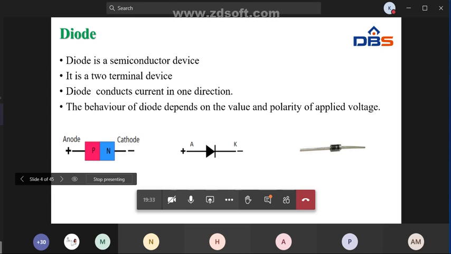So the PN junction diode is a semiconductor device. It has two terminals, anode and cathode. It conducts current in only one direction, right?